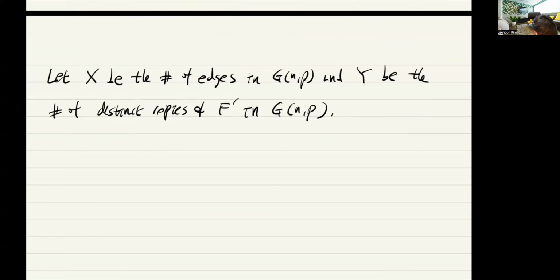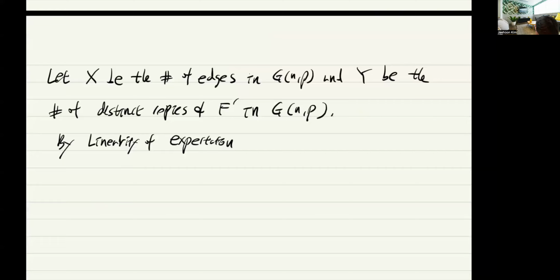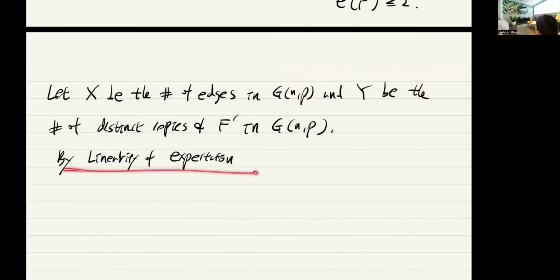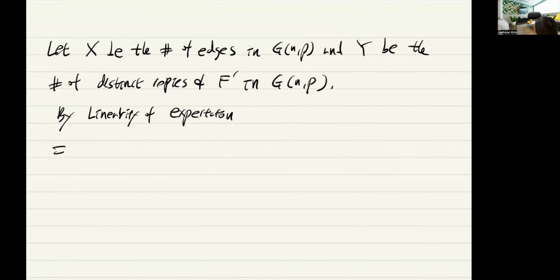Once you have these random variables, we can apply the linearity of expectation. Again, this alteration method and linearity of expectation we have dealt with in the introduction to graph theory, as well as the probabilistic method course. So we can compute the expectation of X minus Y, and the expectation of X.